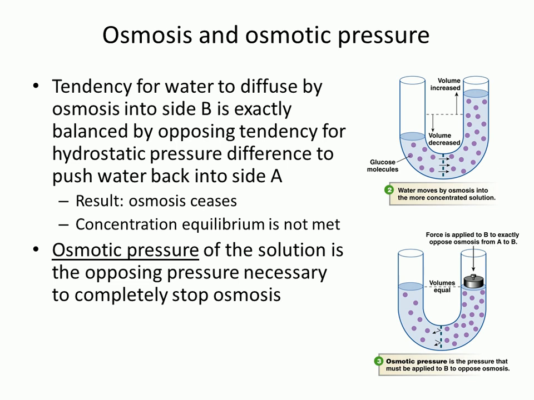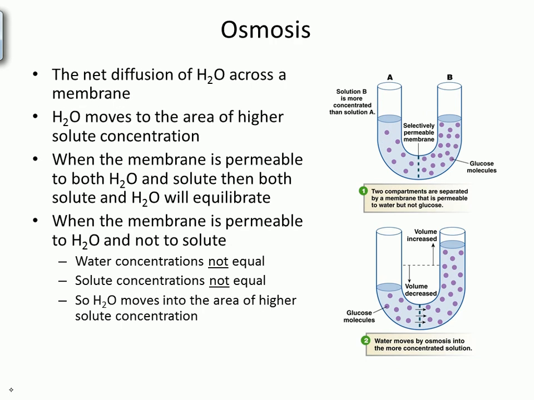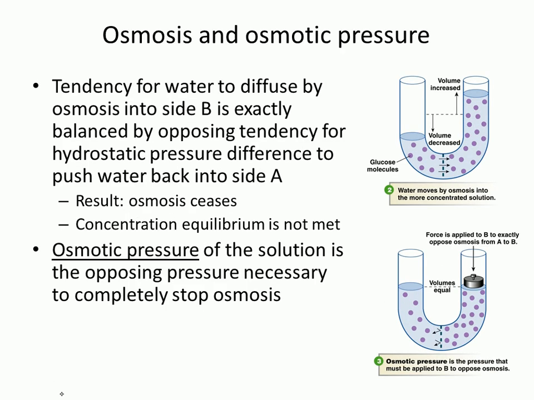And so the first bullet point on this slide, the net diffusion of water across a membrane. Is that what it says? Yes. What I'm trying to say there is that water is going to move until something opposes it, right?